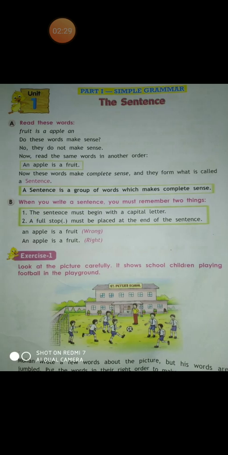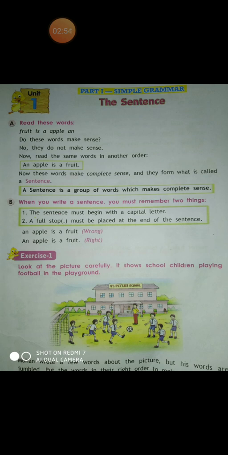Now, let's take one more example. I will just say, two apples and table. These are the two terms I am using here. Two apples and a table. Do these words make any sense, students? No, it does not. Do you get any meaning out of this? No, you do not.